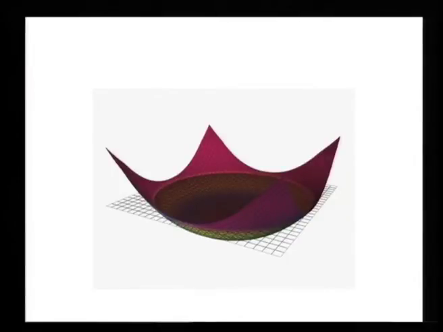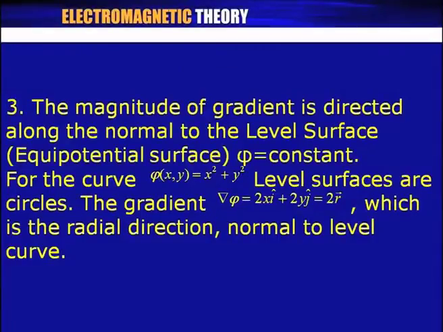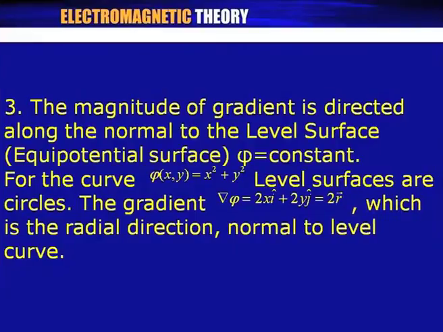So, that is my level surface. In physics, we are more familiar with what is known as an equipotential surface, a surface on which the potential is constant. So, what we have proved is this: the gradient is directed along the normal to the level surface, or in our case the equipotential surface. This is the surface on which phi is constant.